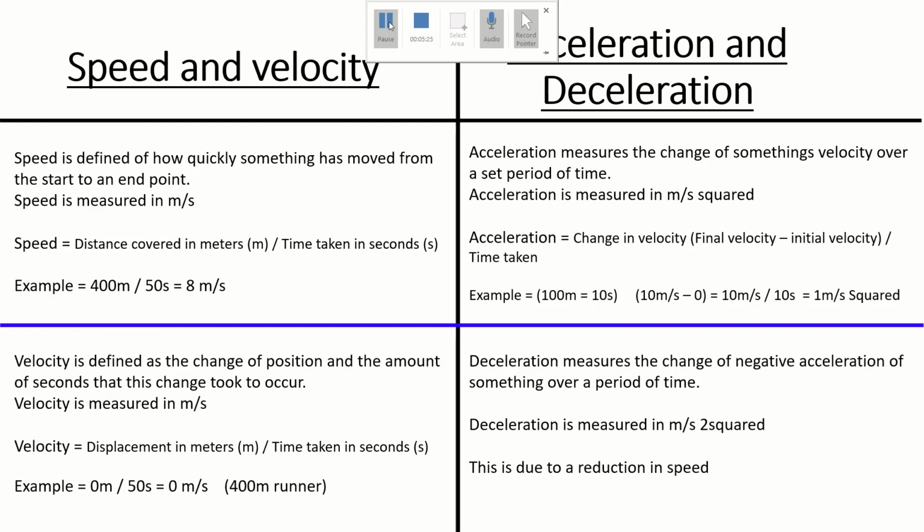The initial velocity would be 0, because at the point at which the starting gun goes, they wouldn't have any velocity behind them. So if you take 10 minus 0, that would equal 10 meters per second. And then, as it's taken them 10 seconds to complete the course of the race, their acceleration over the course of the race would be a sustained 1 meter per second.